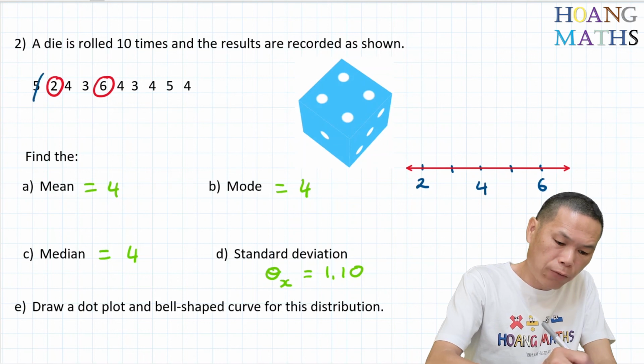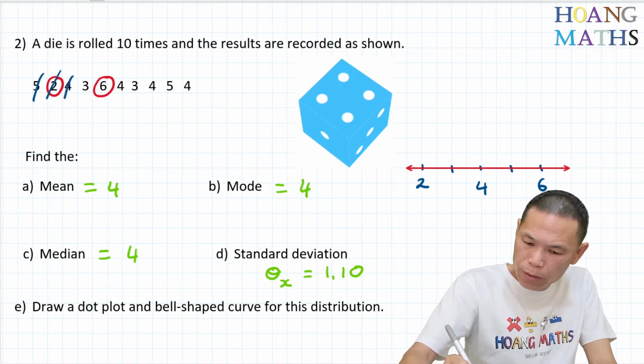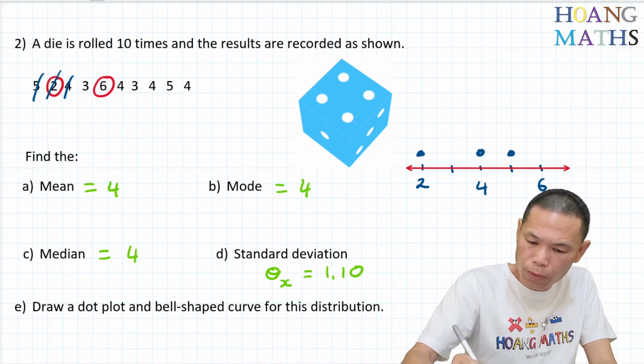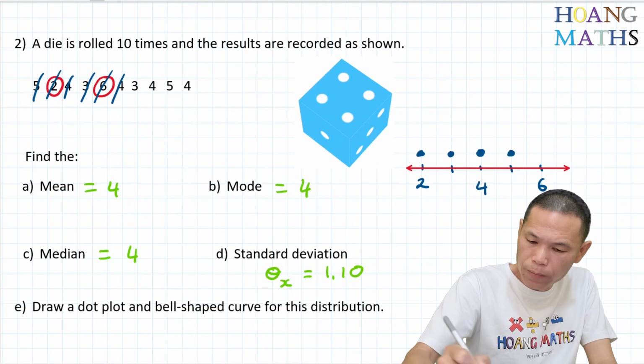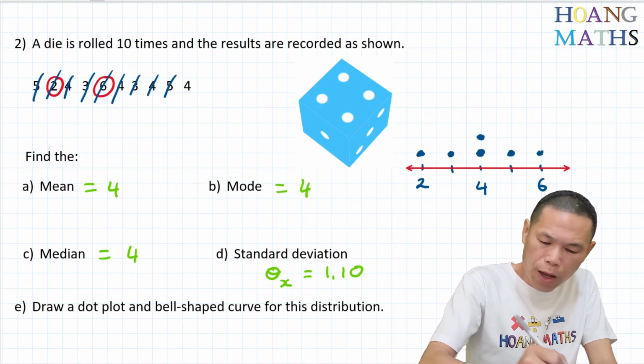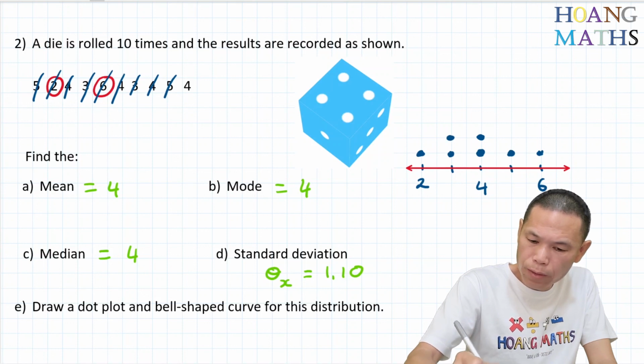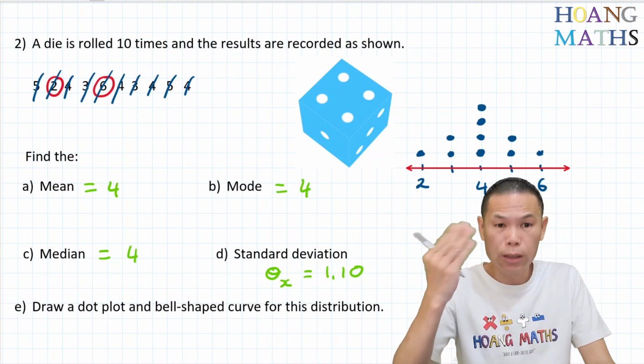So now we have 5, 2, 4. 3, 6, 4. 3, 4, 5. And 4. So there you go. This is the dot plot.